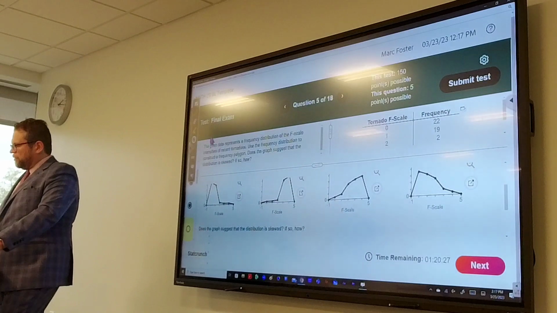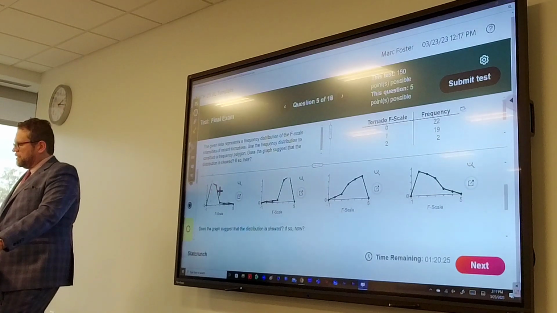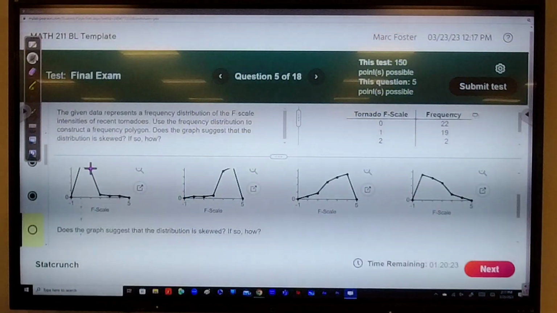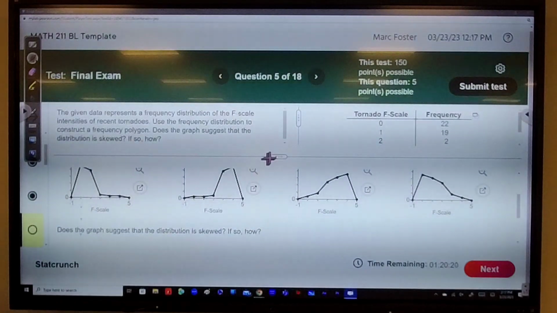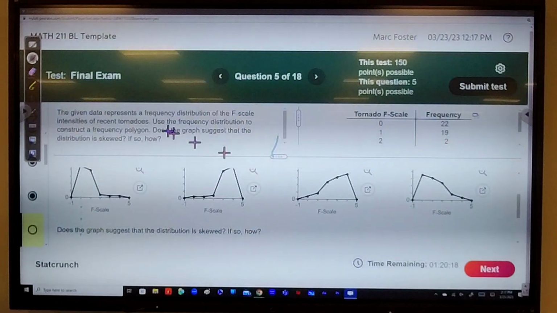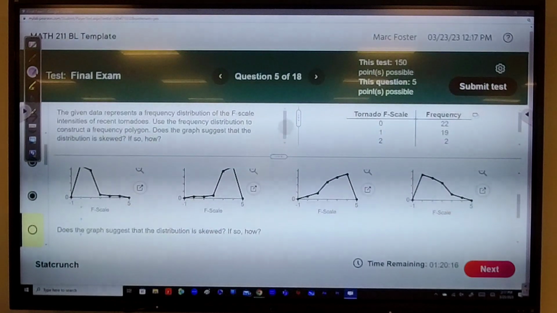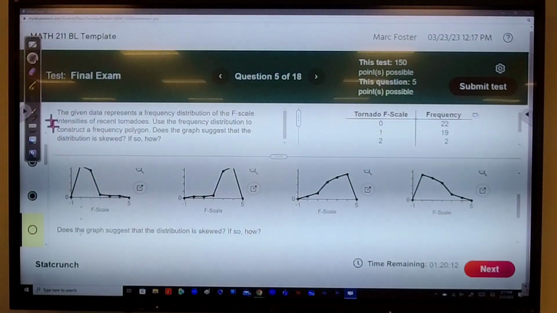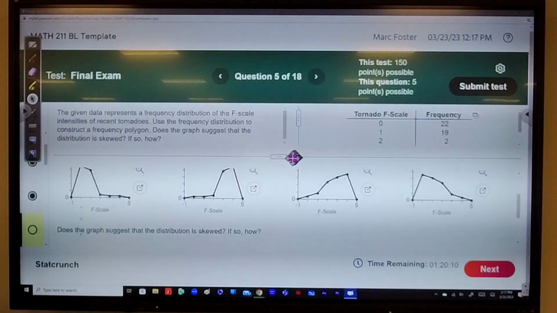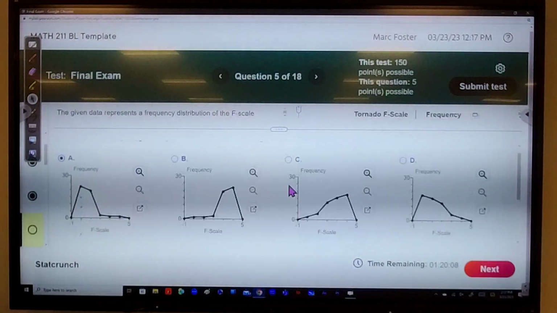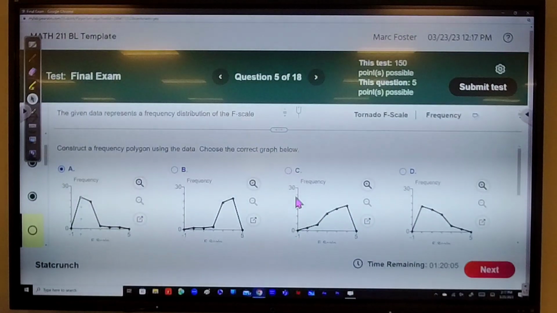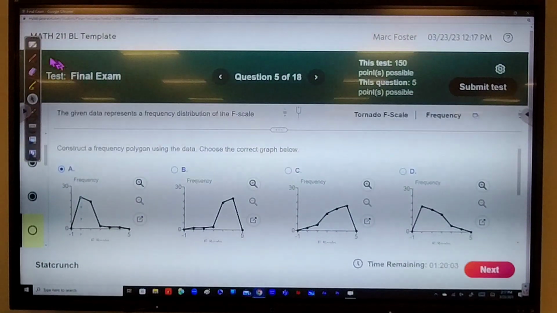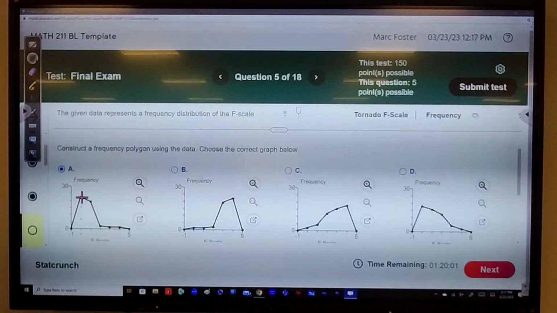So the majority of the tornadoes are down here around 0.